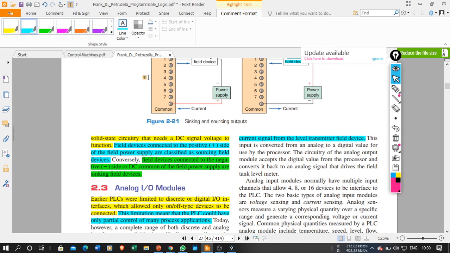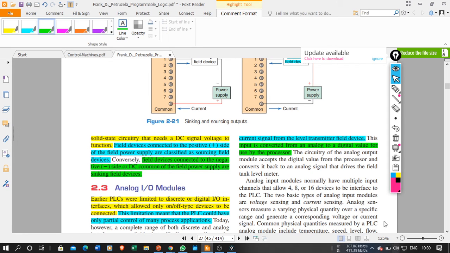Okay, this input is converted from analog to digital value for use by the processor. As the processor does not understand the analog signal, I need to use ADC. The ADC will convert my analog signal into digital signal.